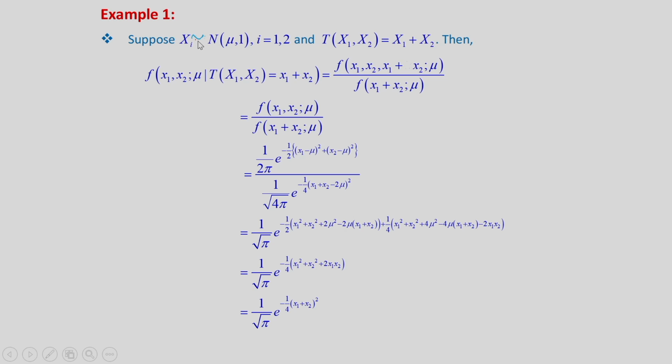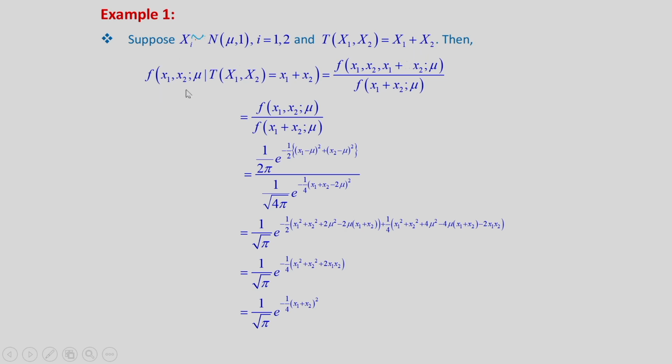Suppose xi is normally distributed with mean mu and variance 1 for i equal to 1 to 2, and T(x1, x2) is equal to x1 plus x2. We will examine if T(x1, x2) is a sufficient statistic.